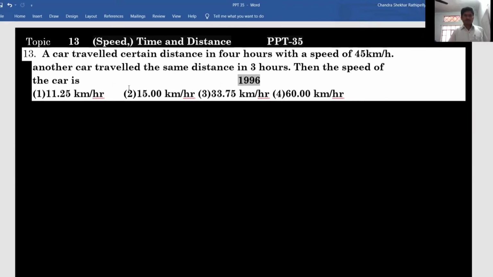Next, the 15th problem. This is topic 13, speed, time and distance. A car traveled a certain distance in 4 hours with a speed of 45 km/h. Another car traveled the same distance in 3 hours, then the speed of the car is. First, we have to find the distance. The distance formula is D is equal to S into T. Speed is 45 kilometers per hour and time is 4 hours.